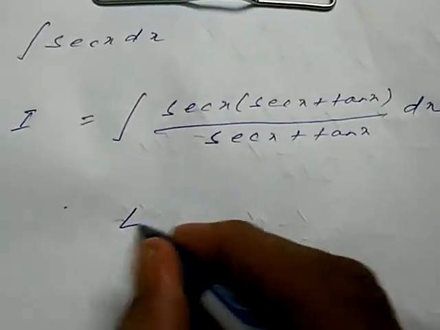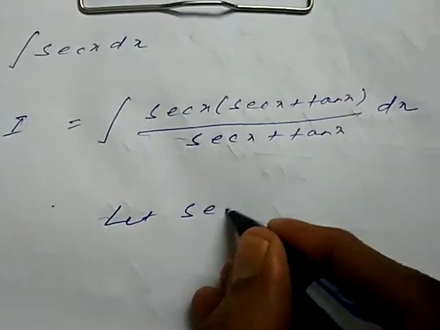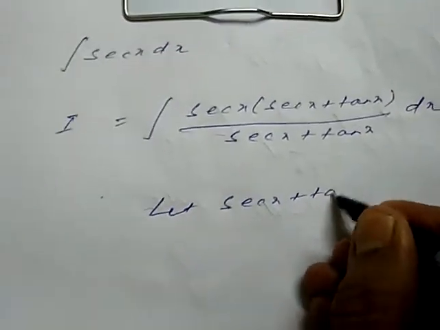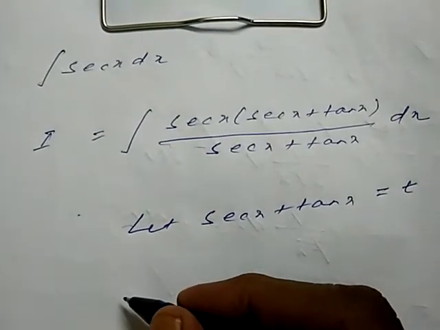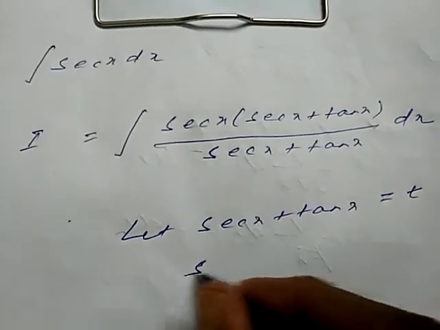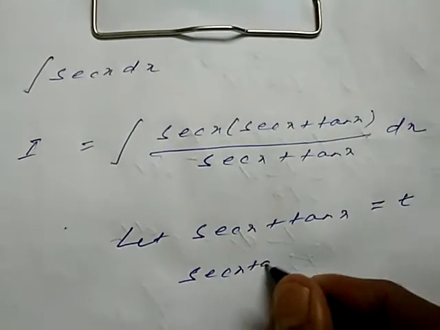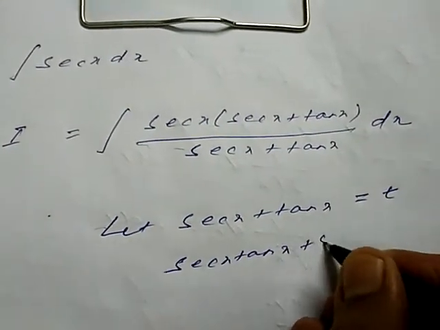Now we can substitute. Let sec x plus tan x is equal to t. When we differentiate it, sec x gives sec x into tan x, and tan x gives sec square x.